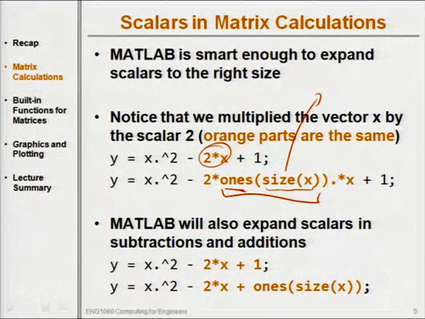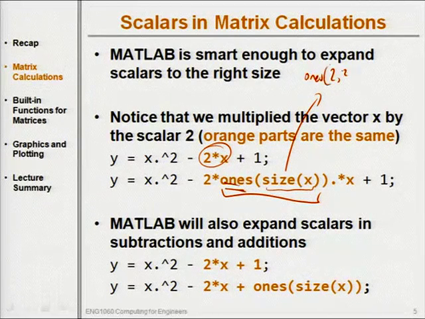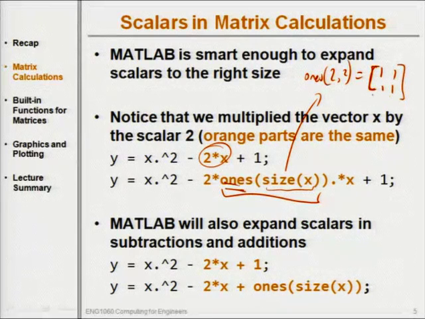Let's assume the size of x was 2, 2. So ones of 2, 2 will give you a matrix that contains 2 rows and 2 columns with ones everywhere. Now this multiplied by x will give you whatever the numbers of x.